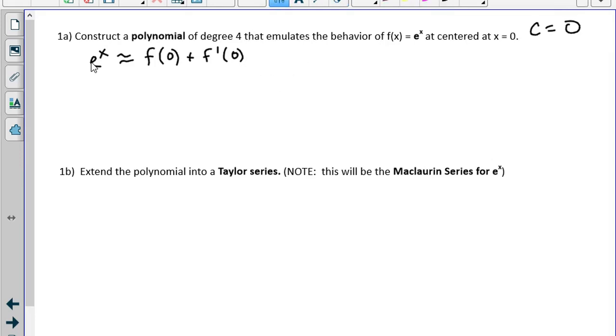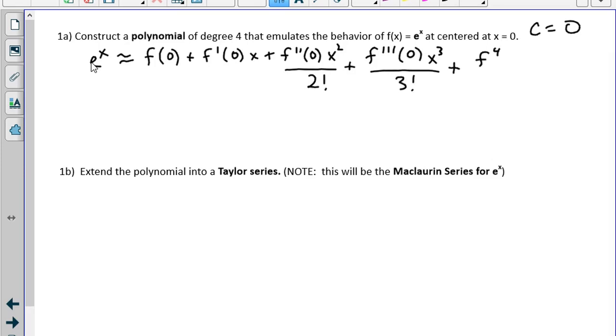But it's not a bad habit to write x minus the center, because that's going to be important when it's not centered at 0. Plus the second derivative at 0 times x over 2 factorial. Oh, this should be a squared. My fault. Plus the third derivative evaluated at 0 times x cubed over 3 factorial, plus the fourth derivative evaluated at 0 times x to the fourth over 4 factorial.